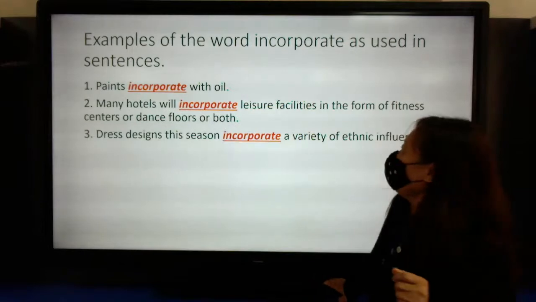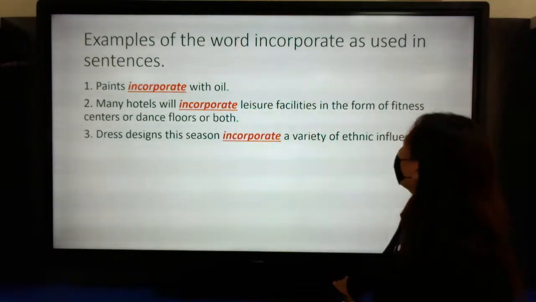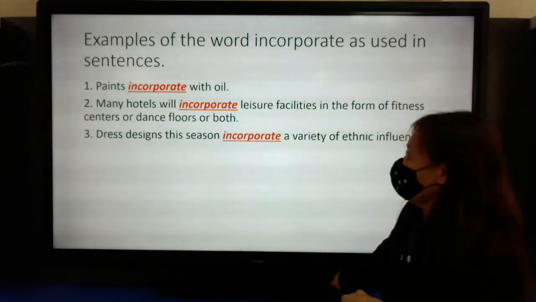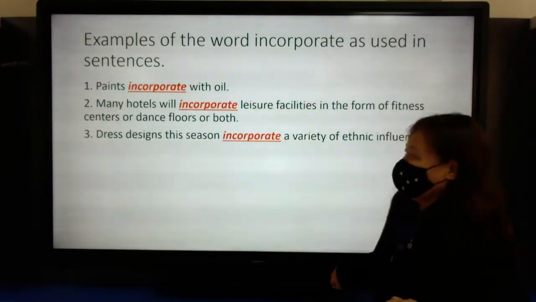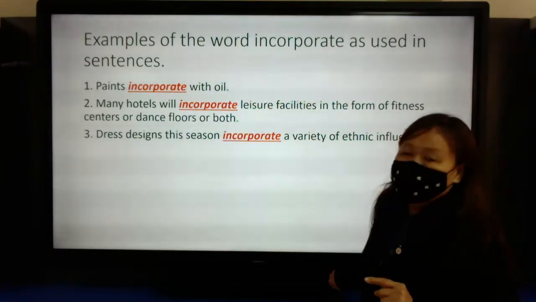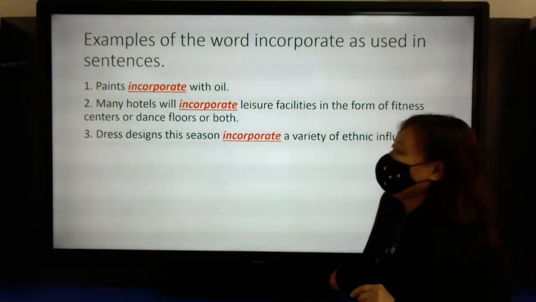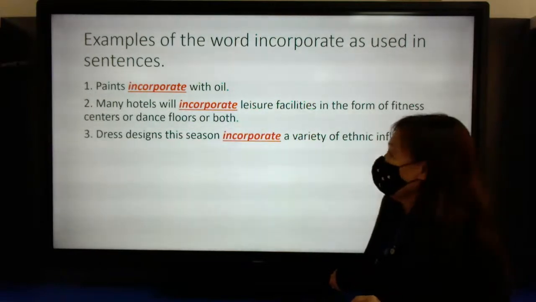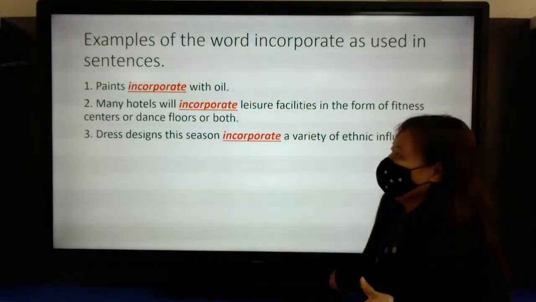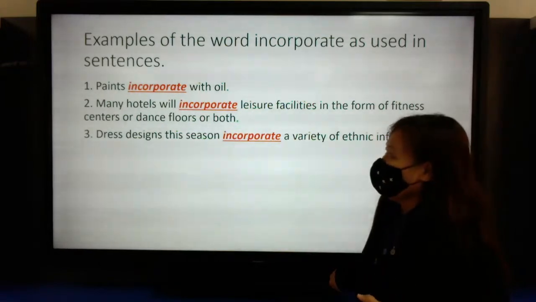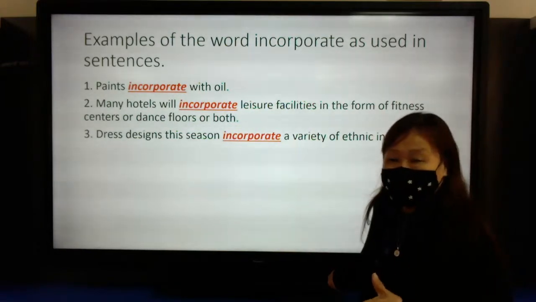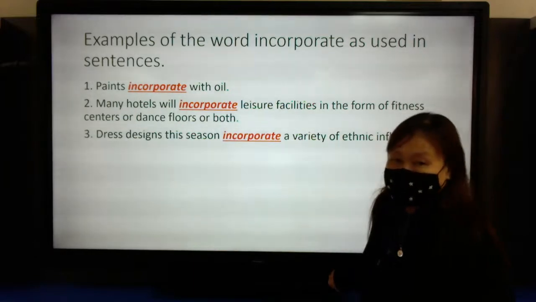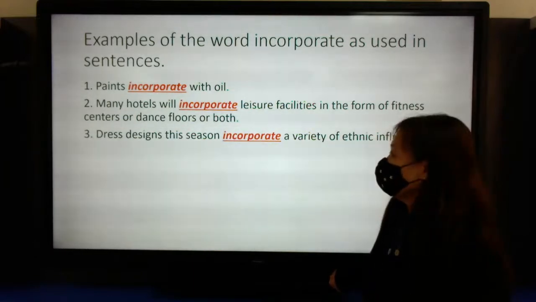Here we have examples of the word incorporate as used in sentences. Number one, all words highlighted and underlined in red are incorporate. For example, paints incorporate oil. That means that if you make paint, there has to be oil in it.